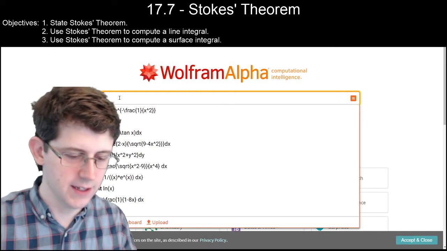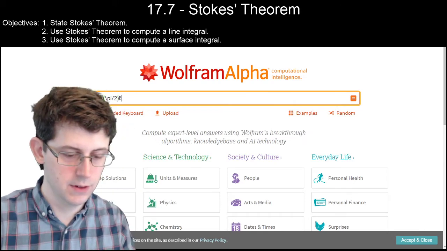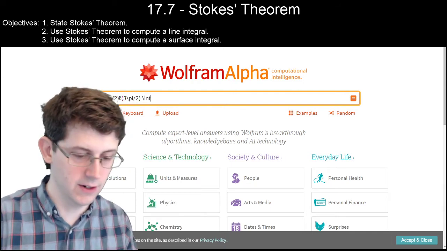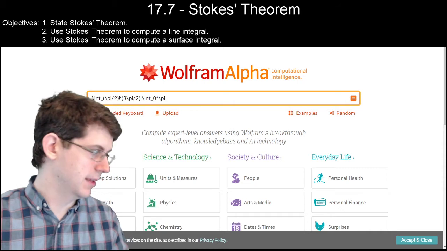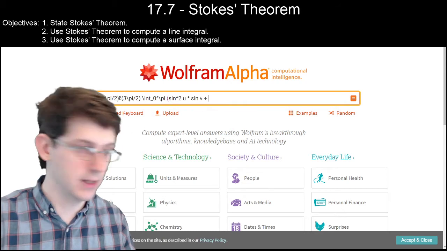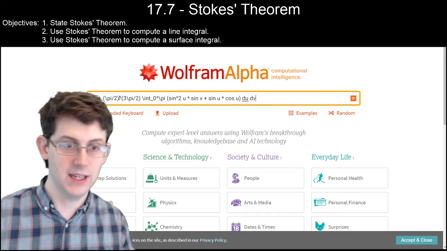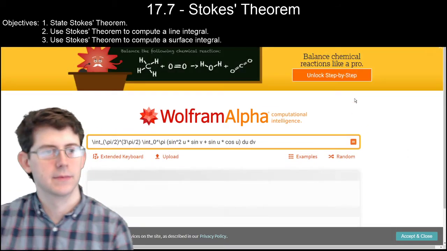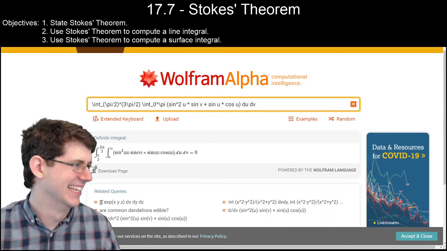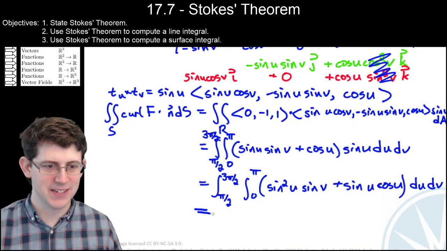We've got the integral from pi over 2 to 3 pi over 2 of the integral from 0 to pi of sine squared u sine v plus sine u cosine u, and this is du dv. I think it's 0. So this integral comes out to 0, this surface integral.